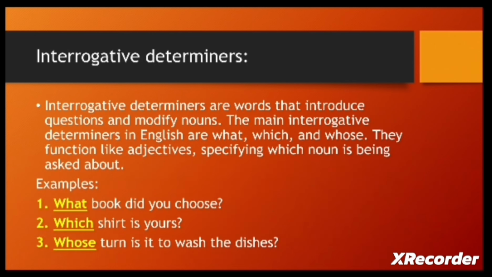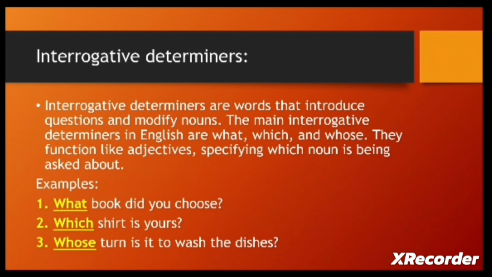Let's go to the next one, which is the interrogative determiner. In this type of determiner, the words introduce a question and modify a noun. The main interrogative determiners in English are what, which, and whose. They function like adjectives, specifying which noun is being asked about.